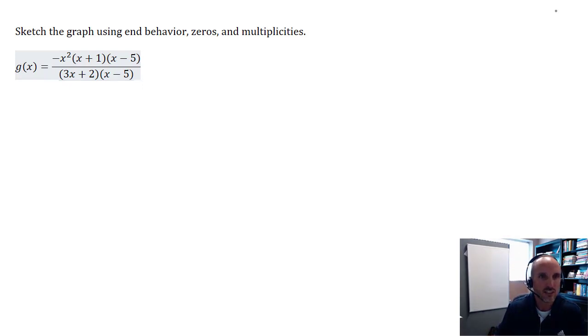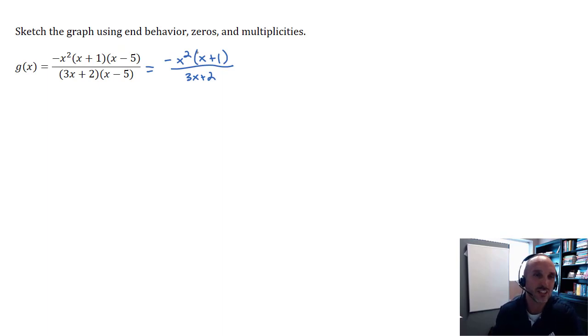And so we'll take the same approach we did last time, except this guy's factored, so we can go ahead and simplify it. I can cancel the x minus 5s to give me negative x squared times x plus 1 on top, and on bottom just 3x plus 2. I don't even need parentheses around that anymore because it's not multiplied by anything with the x minus 5 canceling completely. So you can see the x minus 5 is gone like it was never there.